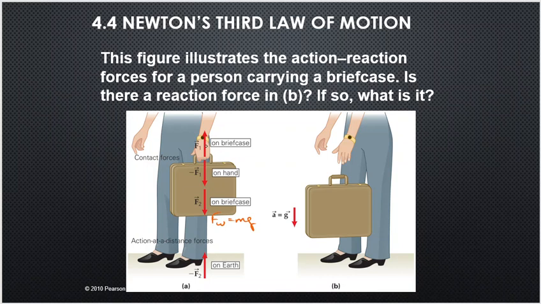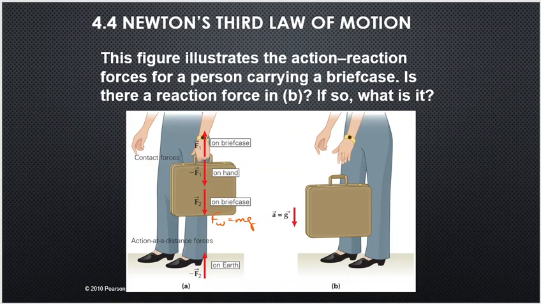The person has to be pulling up with a force that is opposite and equal to the weight. It's not the normal because we're not really on a surface, but it's kind of like the normal in the fact that it's pulling up and it's opposite in direction of the weight of the briefcase.